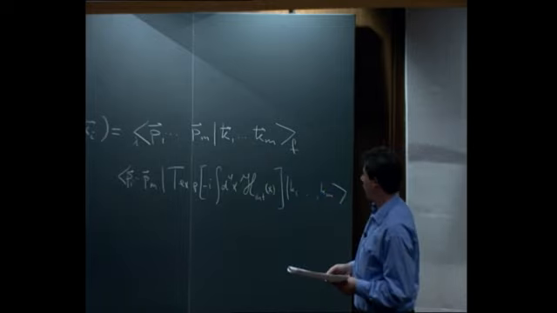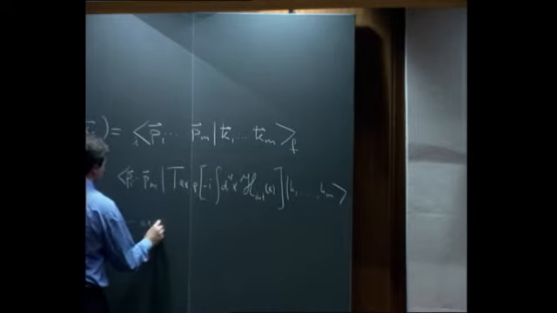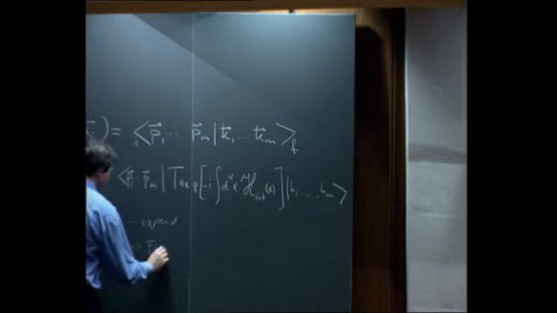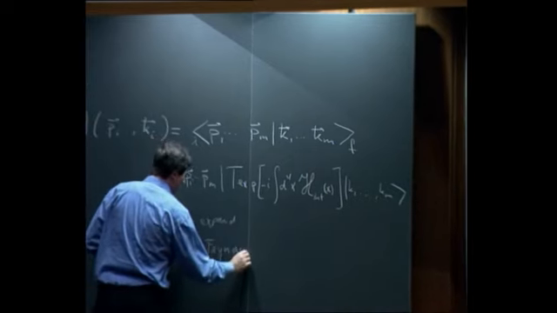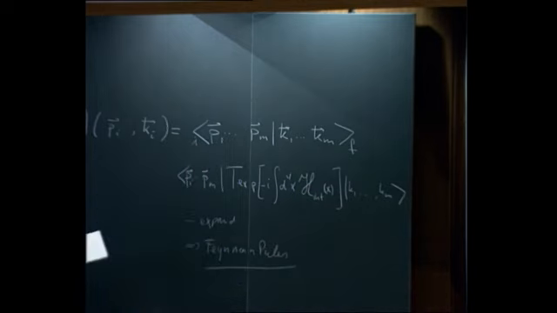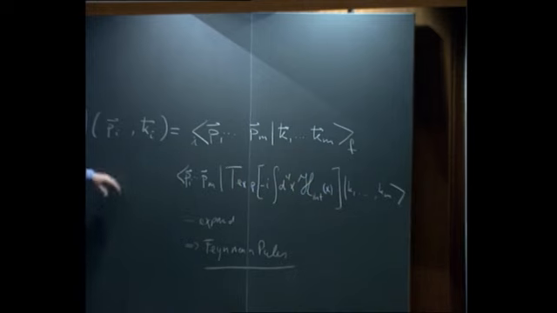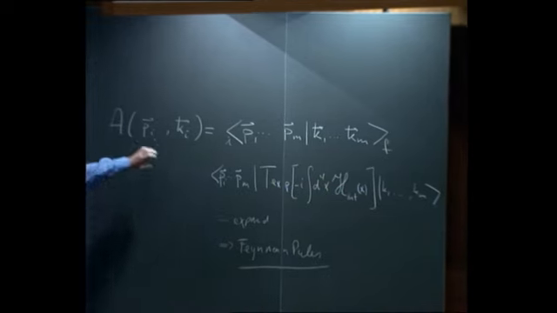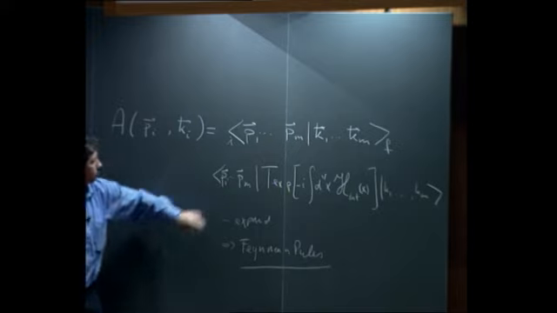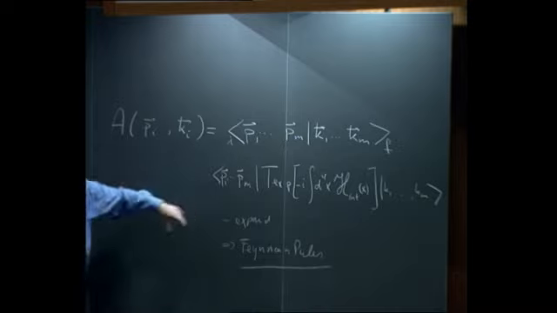And what you arrive at is, if you expand, then you arrive at the Feynman rules if you do it systematically. I will give you the Feynman rules a little later, but for the moment we'll just leave this expression and start from the point that we have at least a prescription to evaluate these amplitudes.